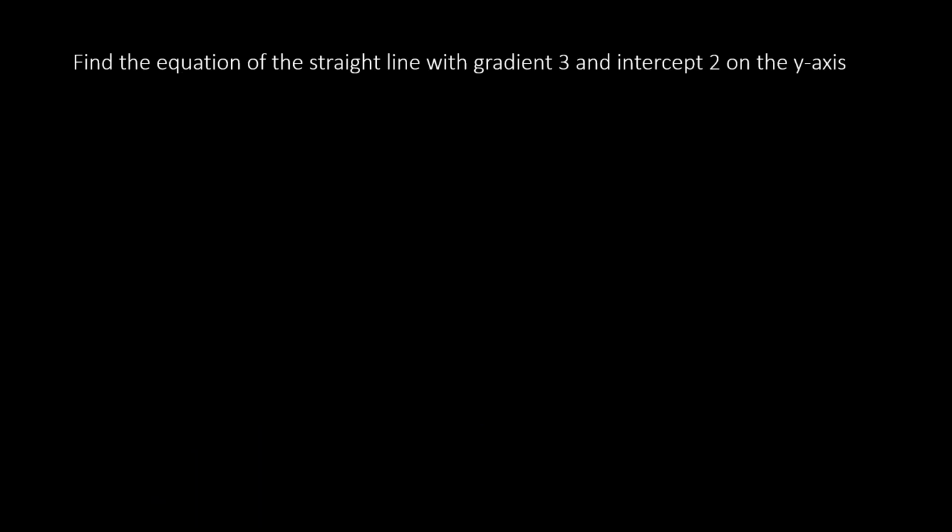Let's look at the first example here. The question states, find the equation of the straight line with gradient 3 and intercept 2 on the y-axis. Remember that we have the formula for finding the equation of a straight line to be y equals mx plus c. Here we have our gradient, which is 3, and intercept 2.